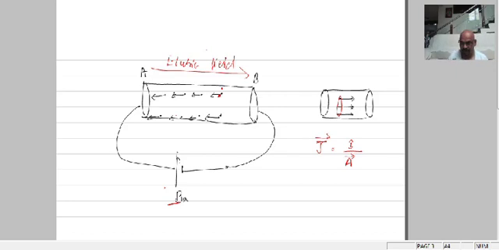Remember, a positive charge will experience force in the direction of the field, and a negative charge will experience force in the direction opposite to the electric field. Because it experiences the force, it is accelerated towards end A, towards the positive end, in the direction opposite to the electric field.